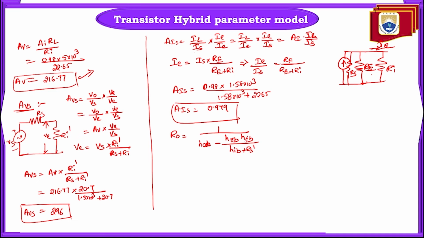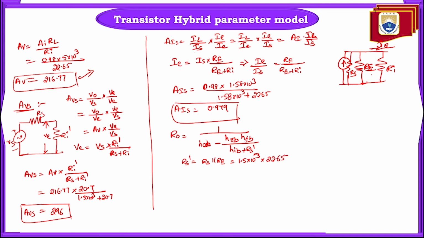So here, what is RS dash? RS dash is equal to RS in parallel with RE. What is RS? That is 1.5 into 10 to the power of 3. RE value is R1 in parallel with R2. How much have we got? R1 in parallel with R2.